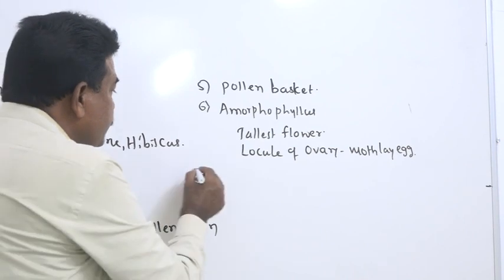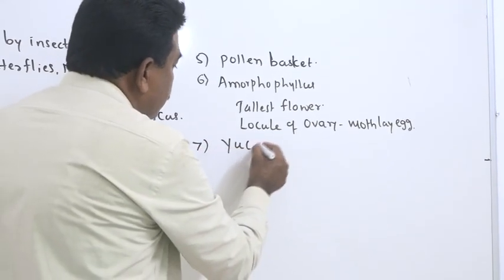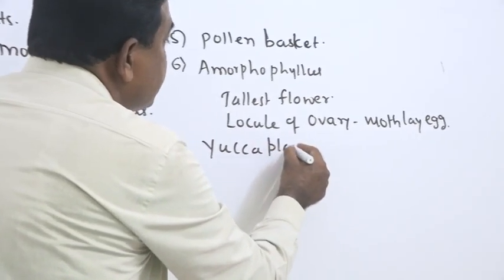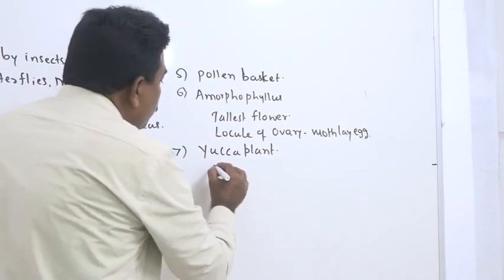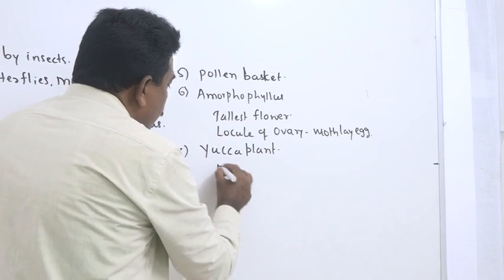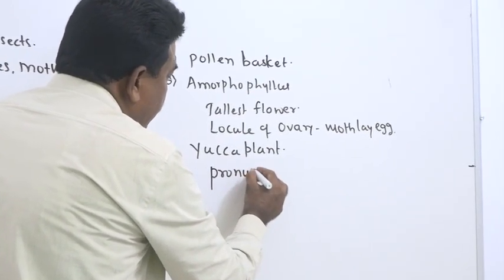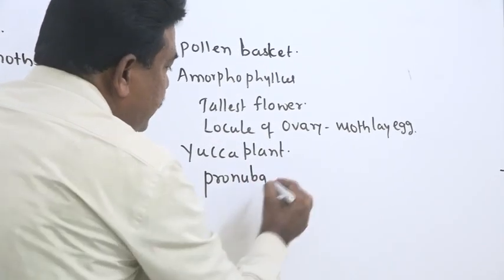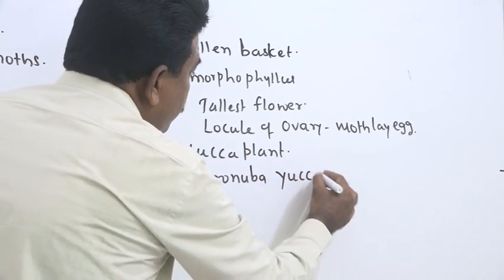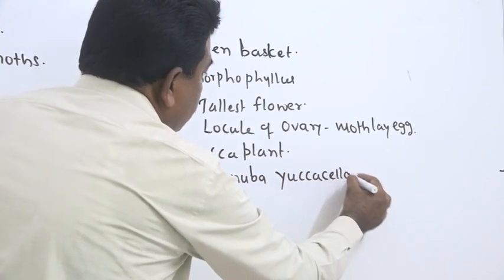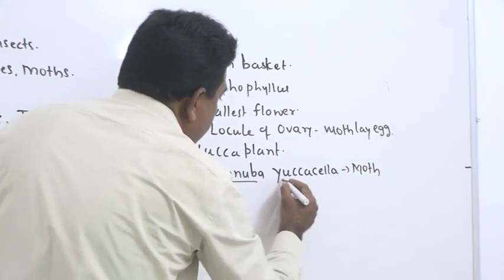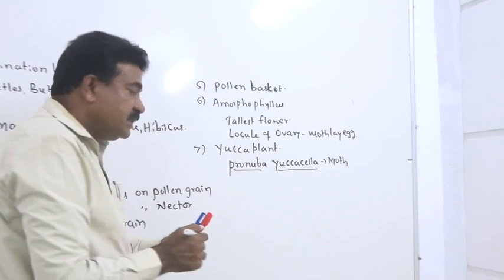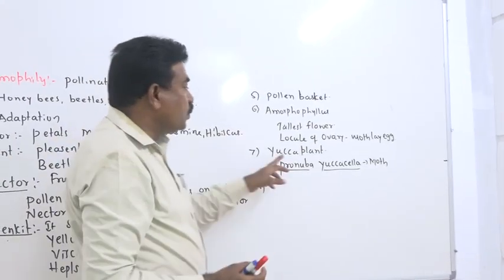In the case of the yucca plant, one insect specificity is there. This yucca plant is pollinated only by one special moth. Its name is Pronuba yuccasella. This is the only moth that pollinates the yucca plant.